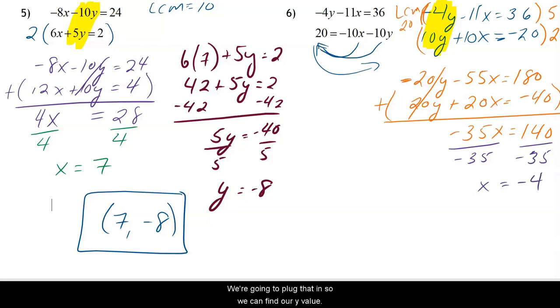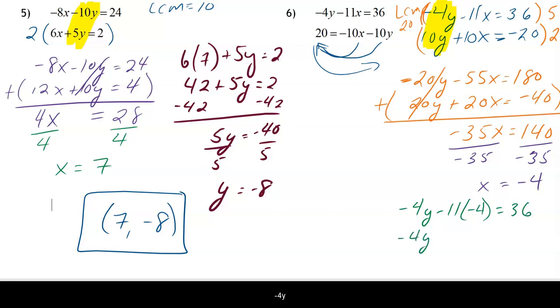We're going to plug that in so we can find our y value. So for our y, I'm just going to pick the first equation this time. So negative 4y minus 11 times negative 4 equals 36. Negative 4y, negative 11 times a negative 4 will give me a plus 44 there, equals 36.